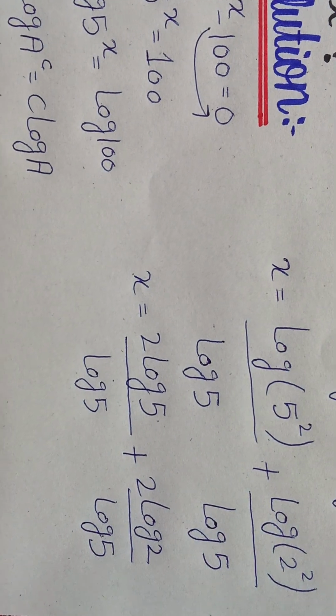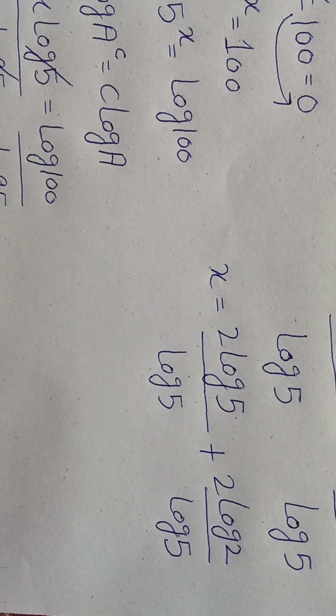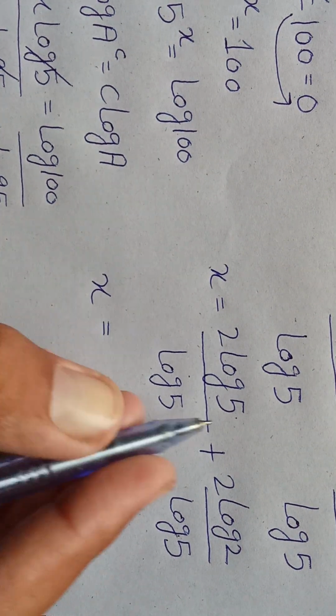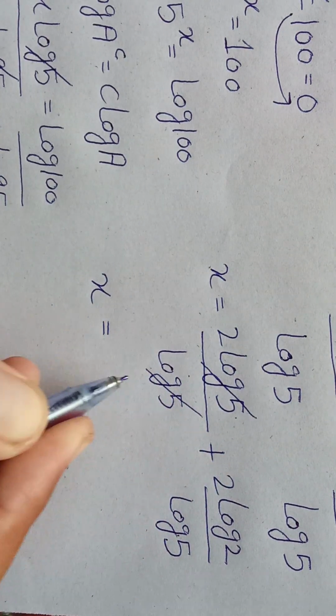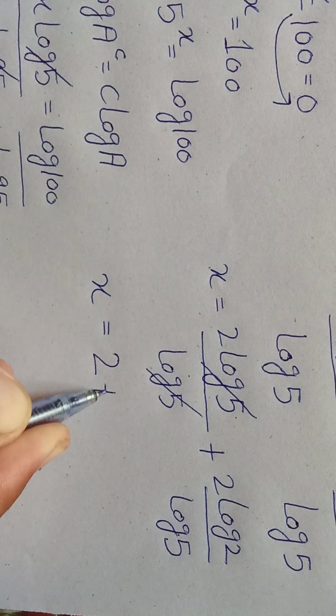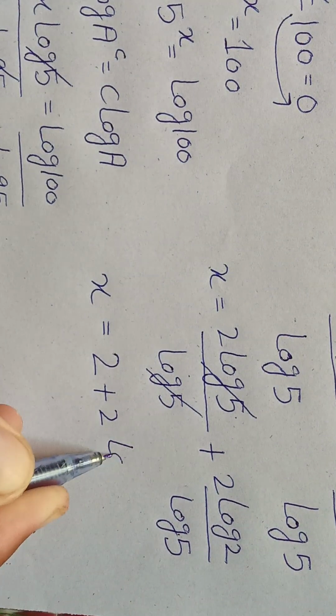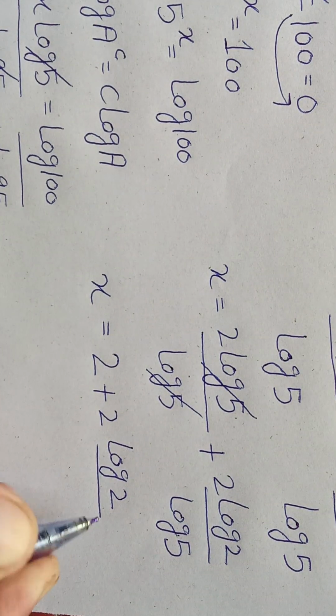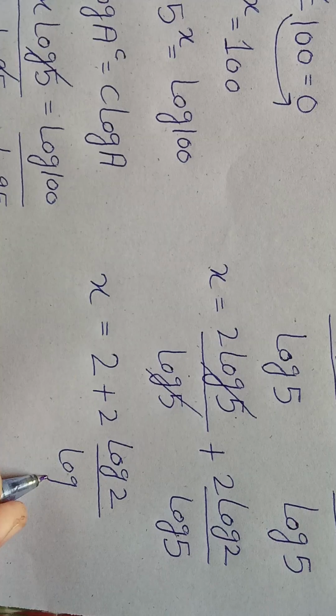Now in the next step, we can write it as x is equal to this log 5 can cancel with this, so 2 plus 2 log 2 divided by log 5.